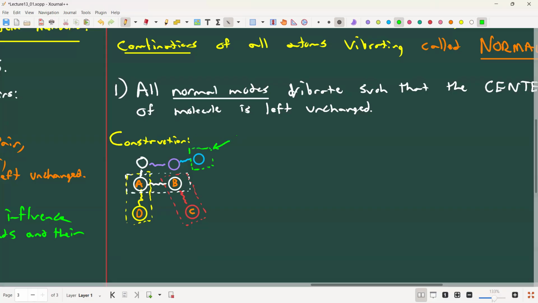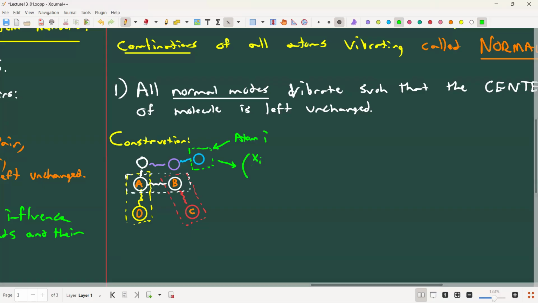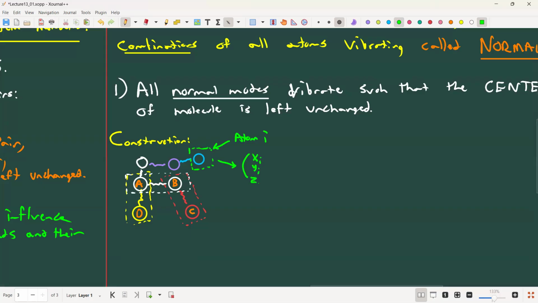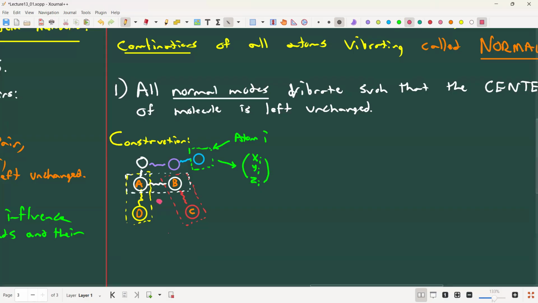So this we'll call atom I. Here's atom I, and atom I has 3 coordinates. It's got some coordinates x sub I, y sub I, and z sub I, and they're defined relative to the center of mass. We'll put the center of mass in this big red spot here.